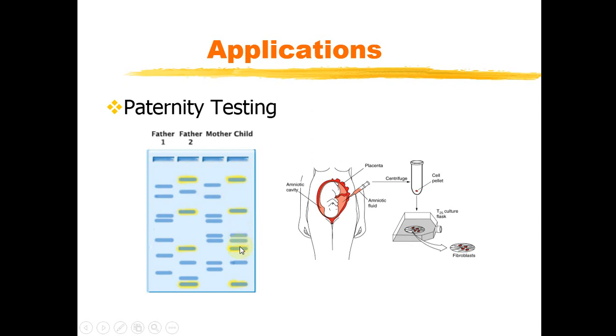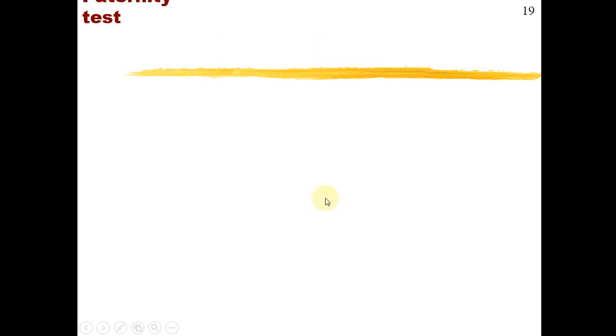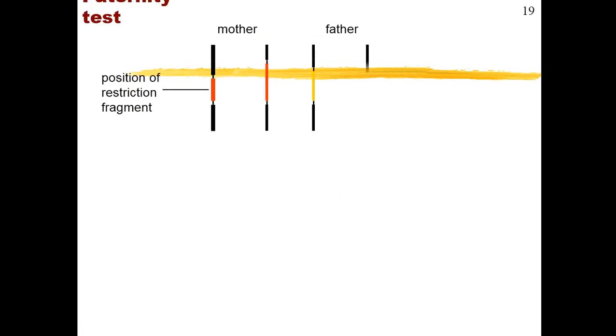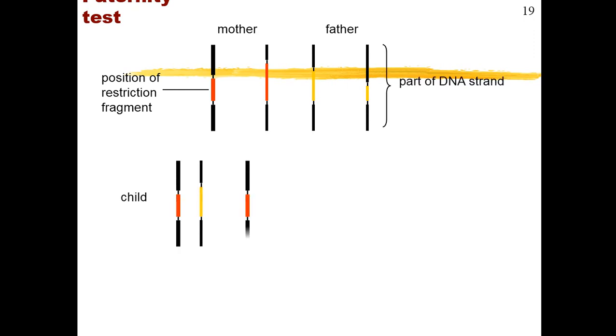VNTRs are inherited from mother and father. So a few of the segments match with this father too. That means this father too is the real father of this child. Okay, see, this one is from the mother, one is from the father.